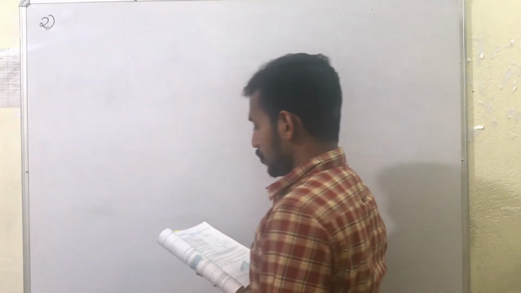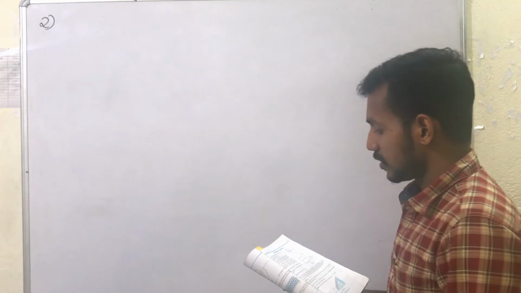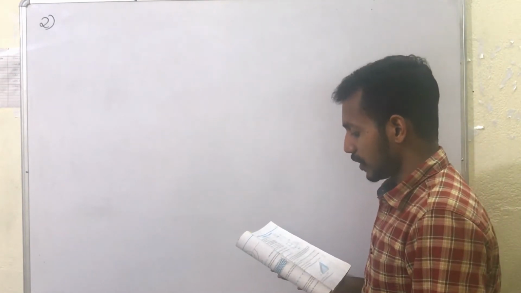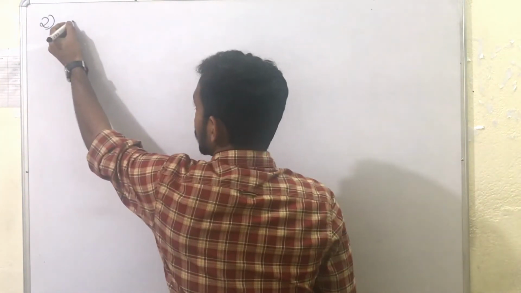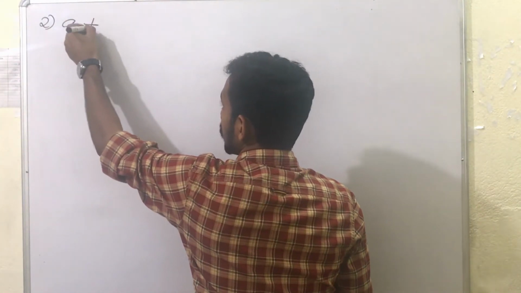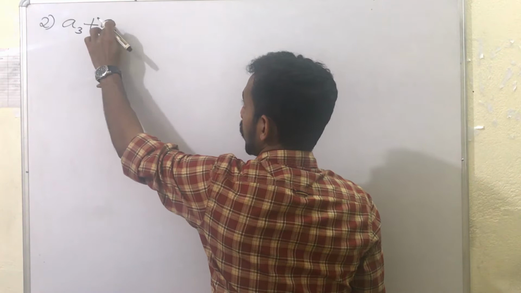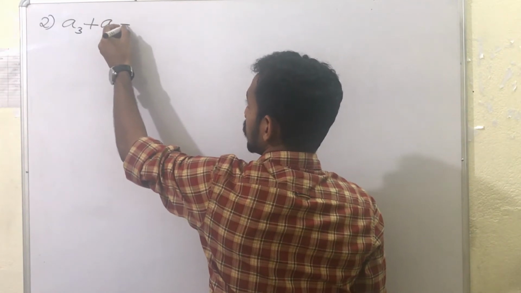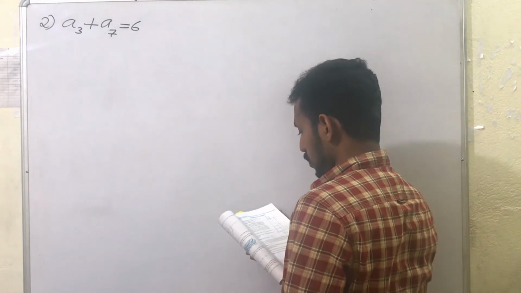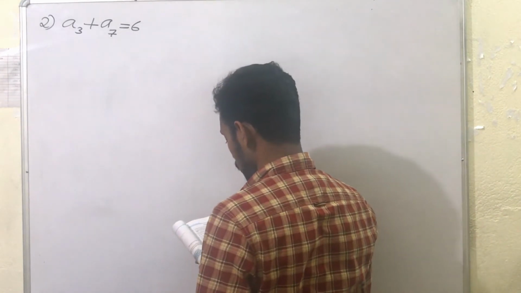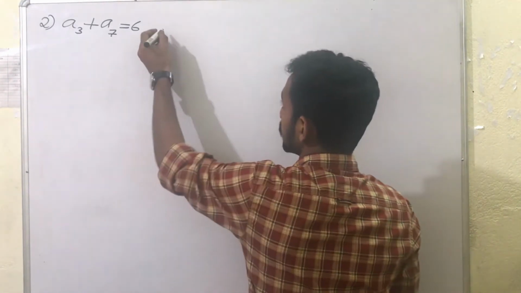Now question number 2. The sum of the third and seventh terms of an AP is 6, and their product is 8.